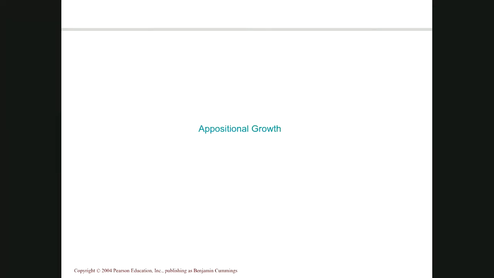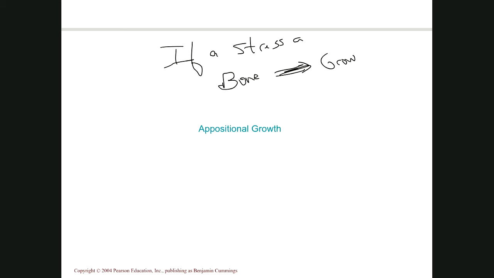So one more time, remember, if you stress a bone, what's going to happen to it? What is it going to do? It's going to grow. And again, it's because of those tiny little electrical fields.